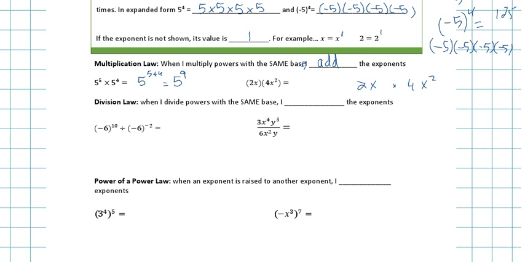So you multiply your coefficients. Now what I have left is x times x squared. This is a multiplication, same base, I just add my exponents. My exponent here is 1, 1 plus 2 is 3. Okay? So you multiply your coefficients, and add your exponents for the base.